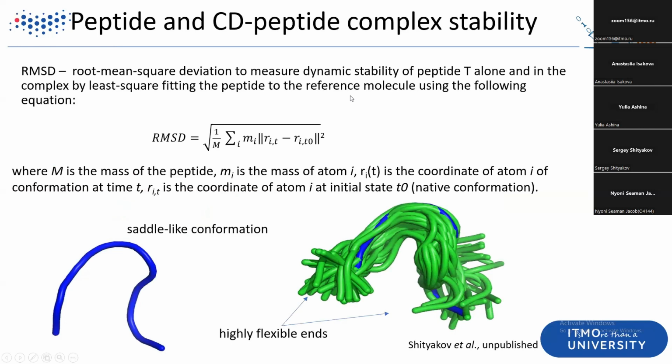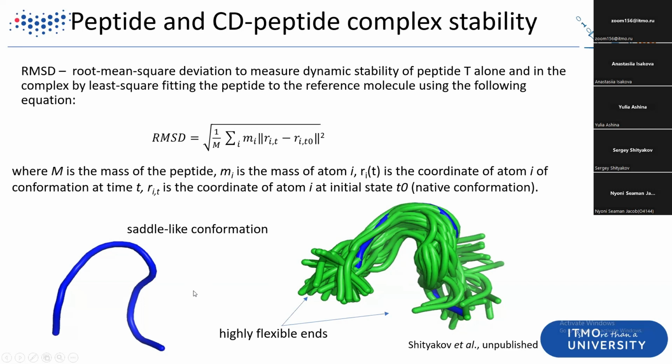So how could we actually analyze this T-peptide? We could analyze the deviation of this peptide in the solution to find some highly flexible and less flexible parts of these peptides.